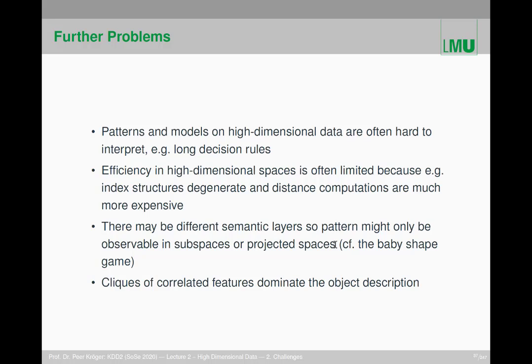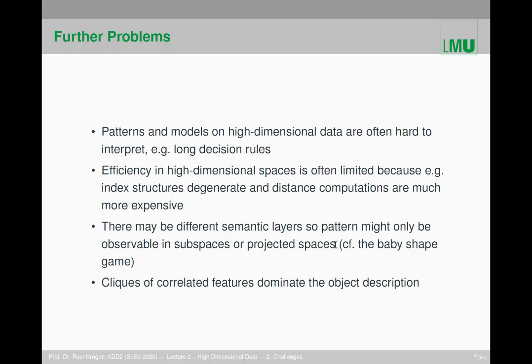Efficiency in high-dimensional space is also very often limited. You may know from, for example, the database 1 lecture, there are index structures to support similarity neighborhood queries, and those index structures typically degenerate very quickly when the dimension grows.